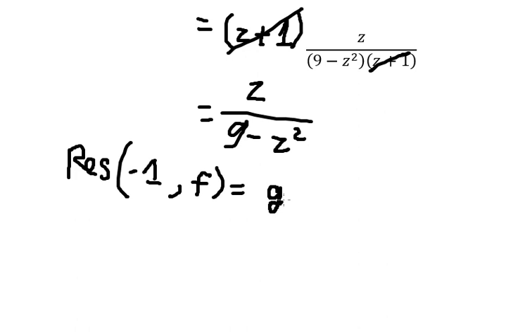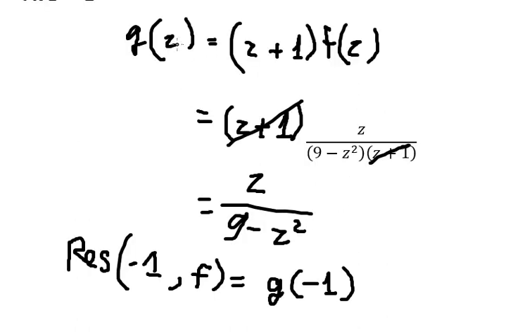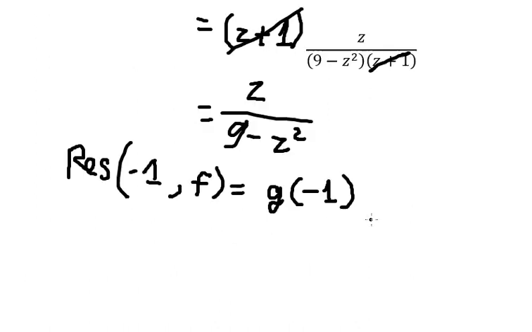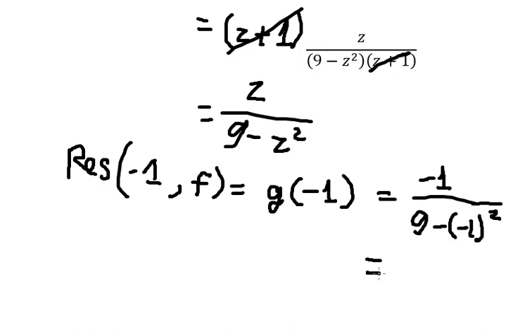And that is 3 of negative 1. So we put negative 1 into this one. So we calculate this one and we get negative 1 over 8.